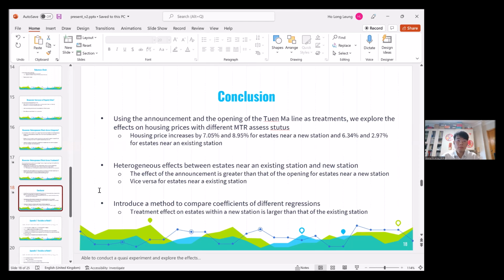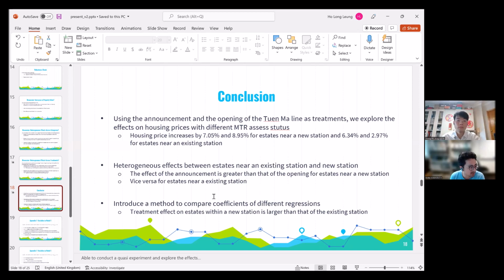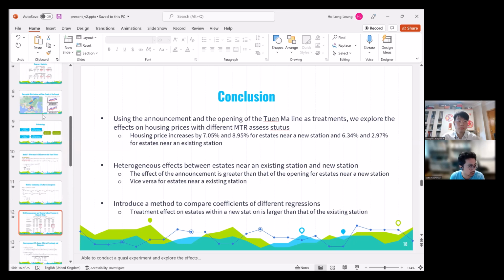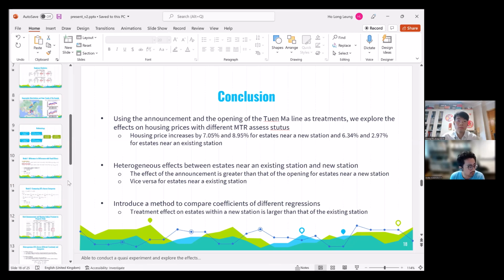Can I ask again? Okay. For new stations, I think some residences are constructed after this plan is announced, right? For example, in Kai Tak station, there are many residences still under construction. So when you compare the price before and after, how did you deal with this? I'm sorry, can you repeat?